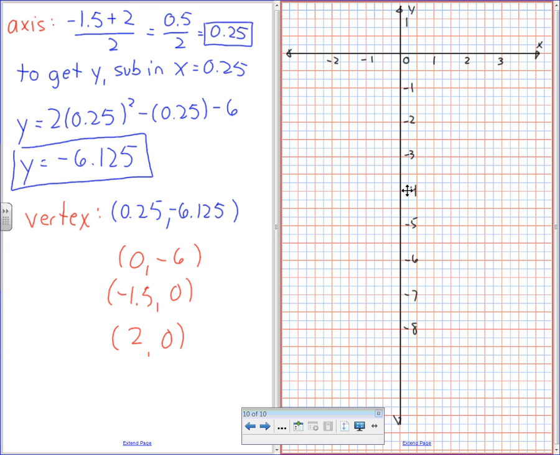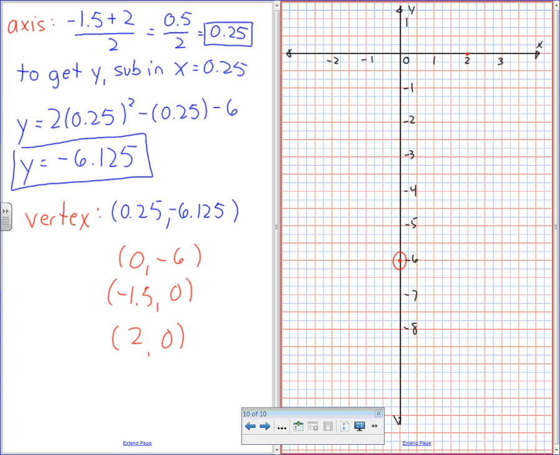Okay, so here goes. The first point I'm going to do is the y-intercept. The y-intercept I'm going to do first because it's the easiest. Okay, so (0, -6) we've done 100 times. It's just going to go x is 0, y is -6 down there. All right, (2, 0), I'm going to do that one because that one's easy too.